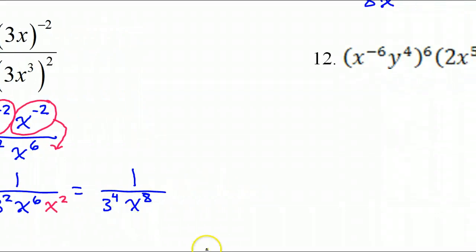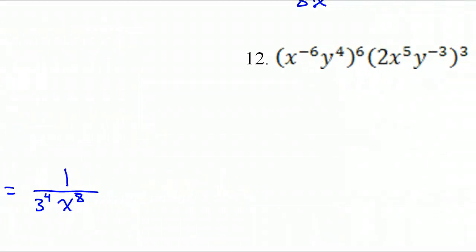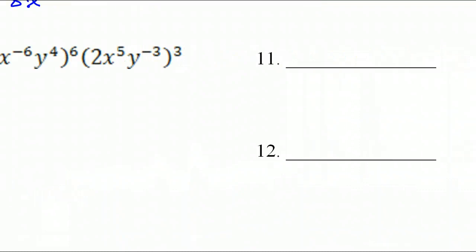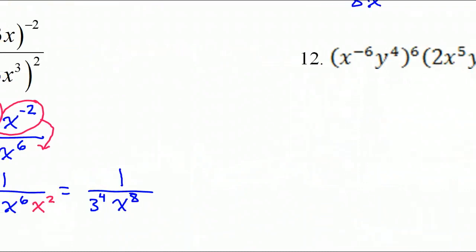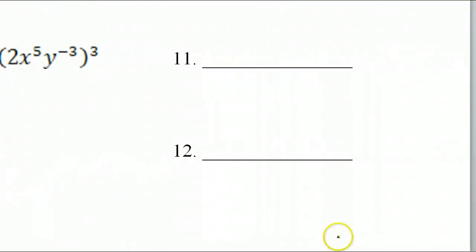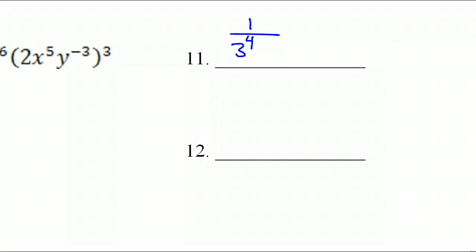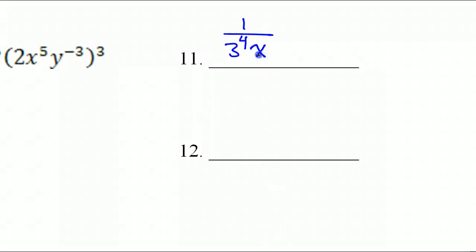Alright, but if you put 81, that's fine also. Let's see, so this is number 11. So we had 1 over 3 to the 4th power x to the 8th power. So that's number 11.